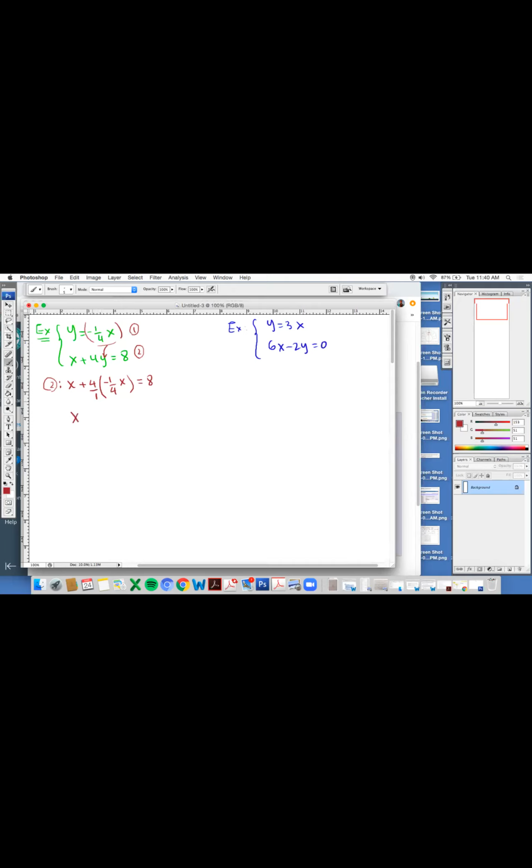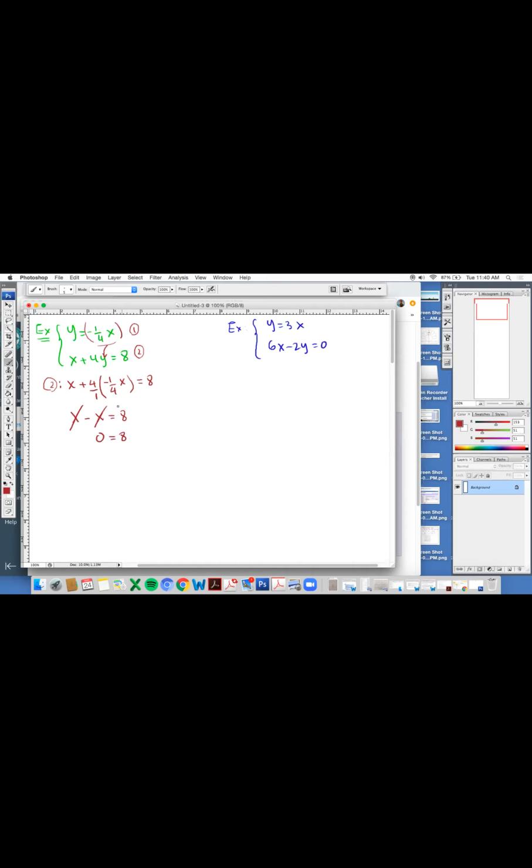I get x minus 1x equals 8. All right, what happens to my x's? So x minus x is what? x minus x is going to be 0, right? They cancel out. And I get 0 equals 8.